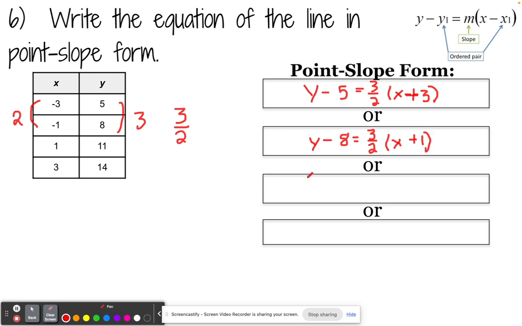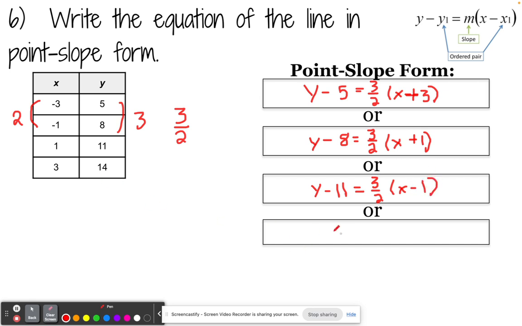Next one, I have 11 and 1. Y minus 11 is equal to 3/2 x minus 1. This one stays a minus because my x wasn't negative.